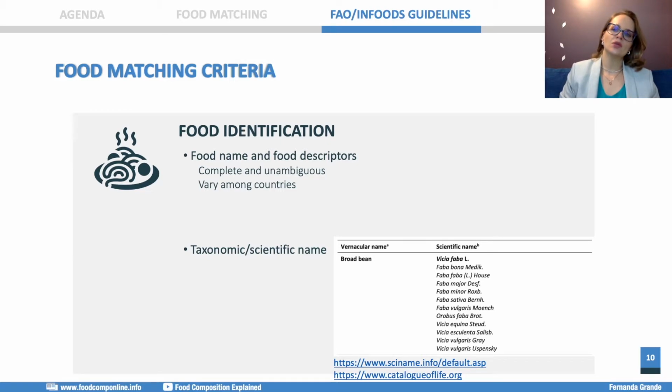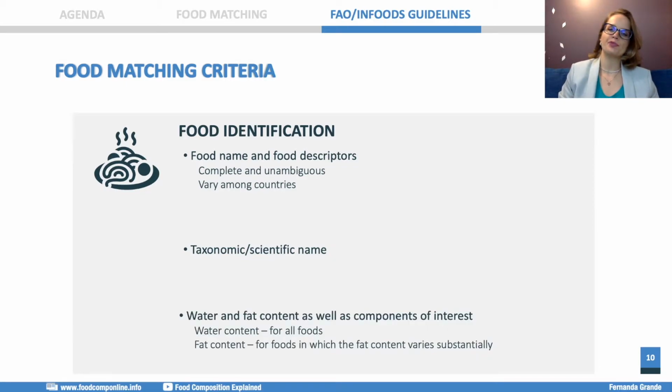So when we are using the scientific name in the food matching, it is important to recognize these variations. And you can find the list of all the scientific names available for a certain food on many different websites, and I'm leaving here these two as a suggestion for you.